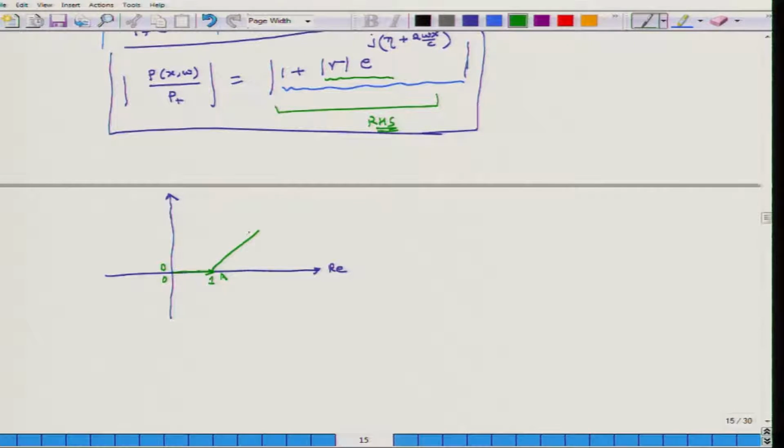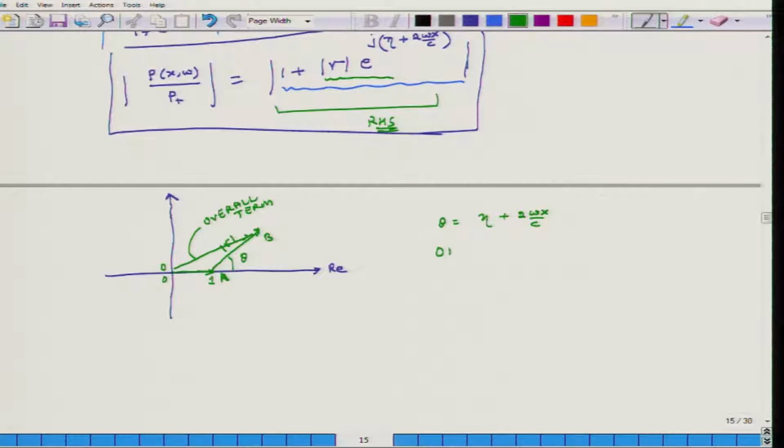So, the amplitude of the second component of the RHS is gamma, and this angle is theta, and theta equals eta plus 2 omega x over c. Okay. So, this is point A, this is point B, and this is the overall term. Okay.